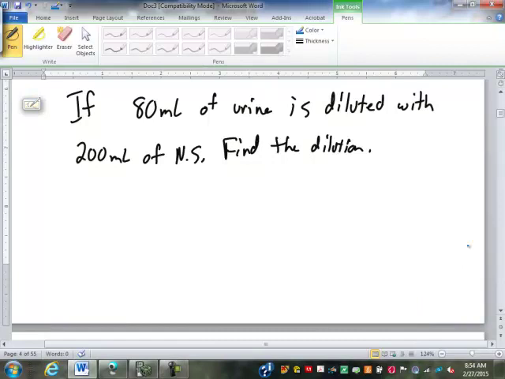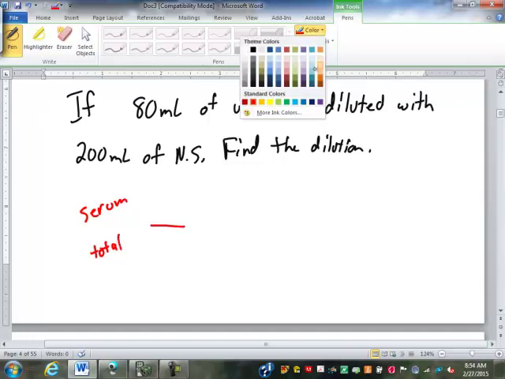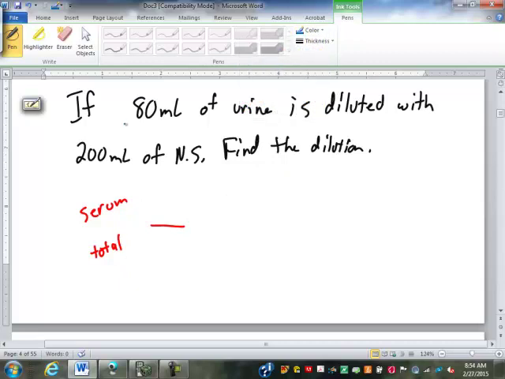So when you look at this one, you have to recall that the dilution is parts of serum to total parts. We have the parts of serum. In this case, the 80 milliliters of urine is our concentrate. Do we have the total parts? No, we have 200 milliliters of saline.